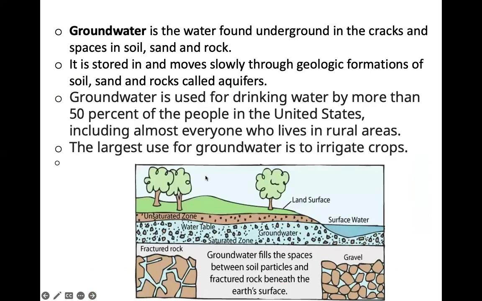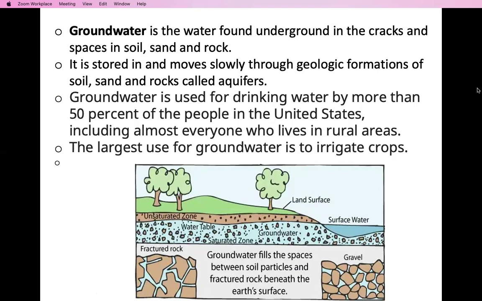So we say groundwater is water that is found, for want of a better word, in cracks and spaces in soil, sand, and even rock.